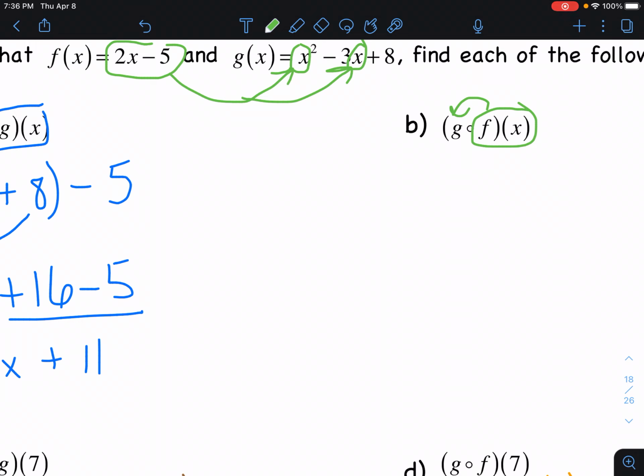So where it says x squared on function g, instead of x squared, it's opened up parentheses and 2x minus 5 squared instead of x squared. Where it says minus 3x, that's minus 3 times, and then the x gets replaced by function f as well, 2x minus 5. Close the parentheses and bring down that plus 8 at the end.